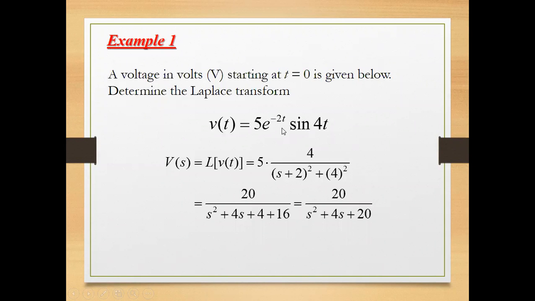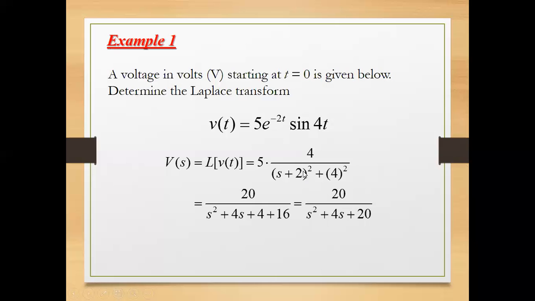So what happens is, in terms of the formula of the Laplace transform of the sine, it should be the omega. In this case, the omega is 4. So omega over s plus alpha squared plus omega squared. Your omega is appearing both in the numerator and in the denominator of the Laplace transform of the sine.